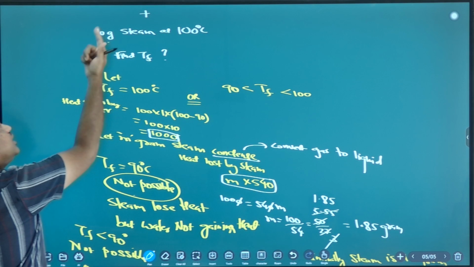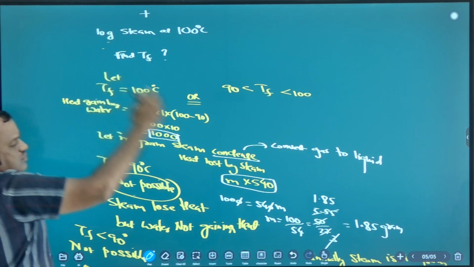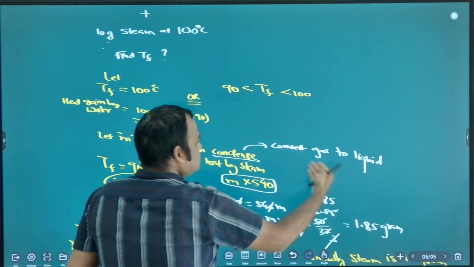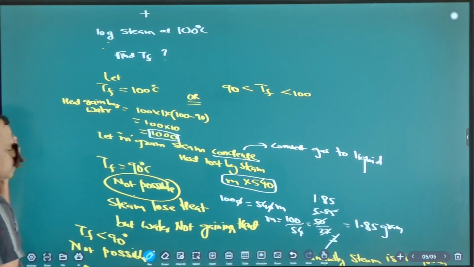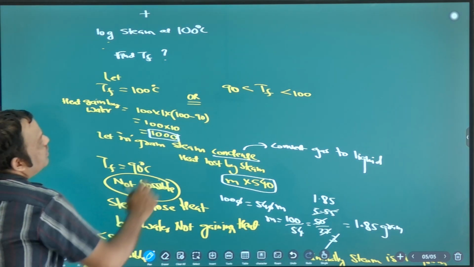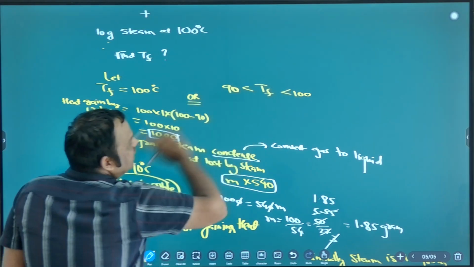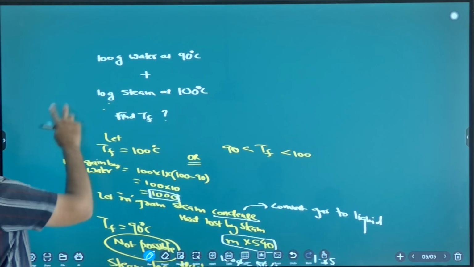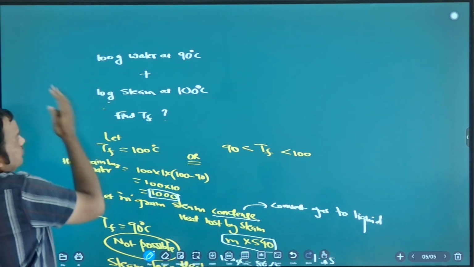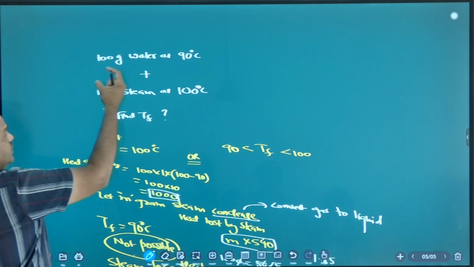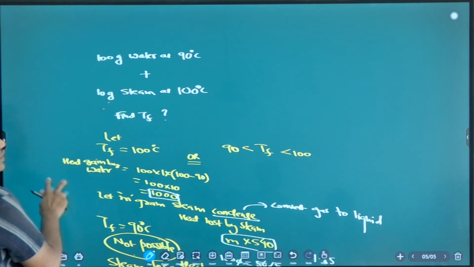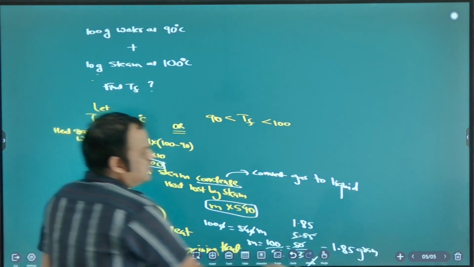Out of 30 gram, out of 20 gram, 1.85 condensing is possible. But I want the final temperature between 90 and 100, means close to water. So whose amount do you increase? Water amount. Okay, let's take 1000 gram. Solve.